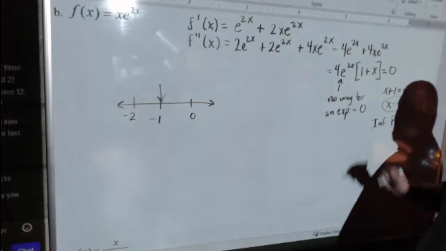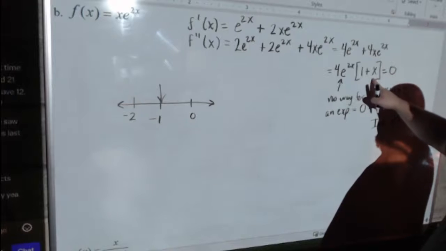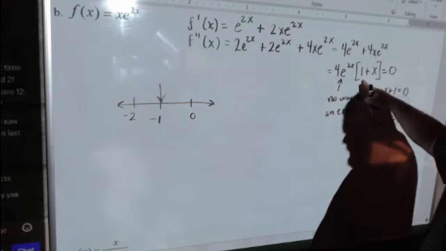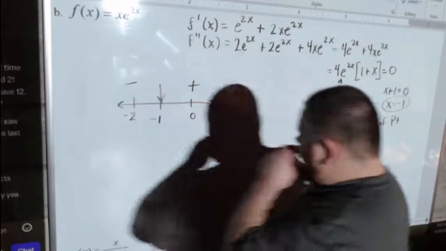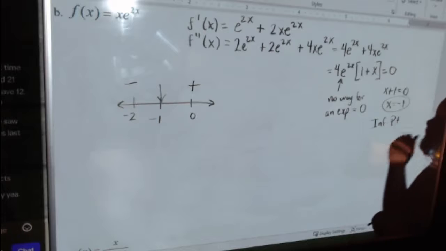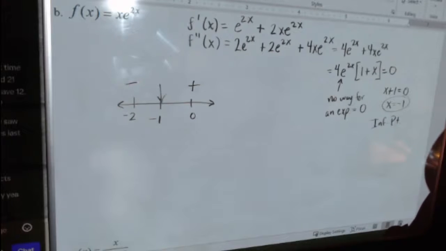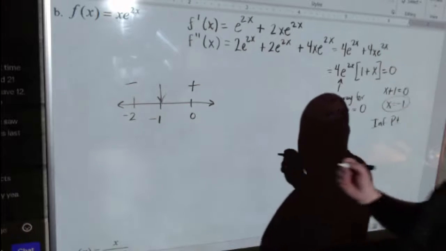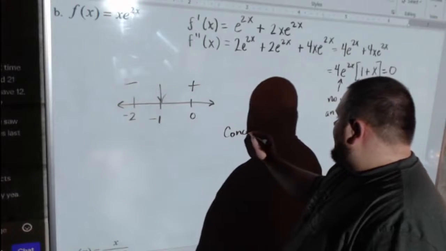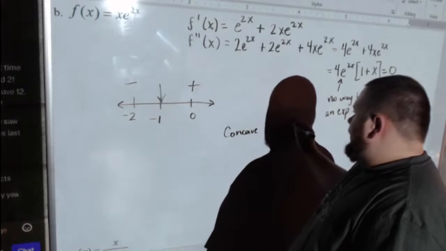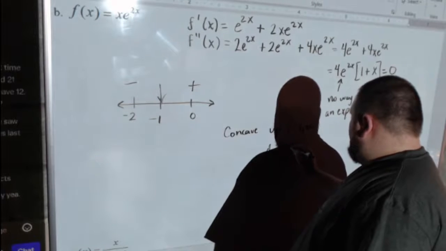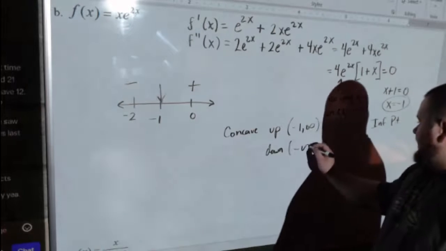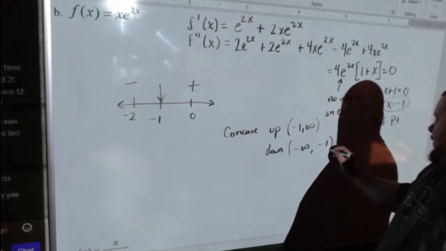Plug a negative 2 in there: negative 2 plus 1, that's negative. And 0 plus 1, that's positive. So I should be able to say concave up from negative 1 to infinity, and concave down from minus infinity to negative 1.